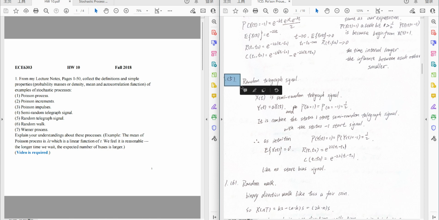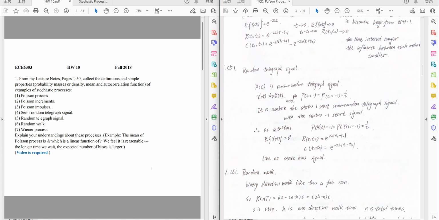And come to the fifth, the random telegraph signal. Actually, I think the random telegraph signal is just combining the semi-random telegraph signal that starts with the positive status with the one that starts with the negative status. It just combines these two. Yt is equal to A multiplied by Xt, and the probability of A equal to positive or negative is half.